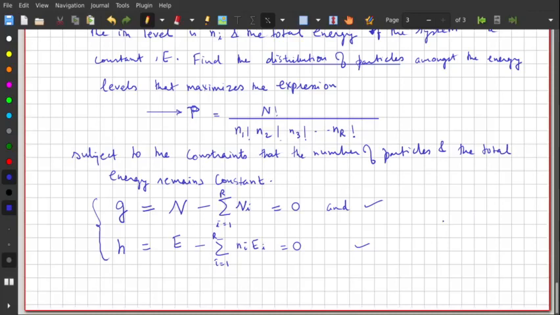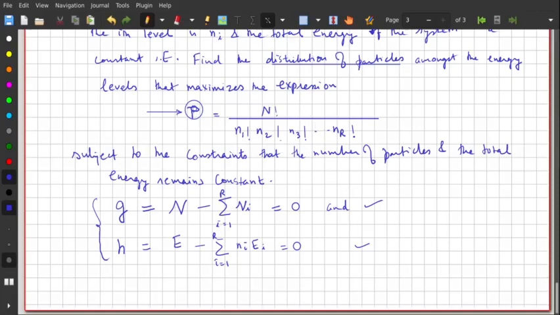Okay, so let's observe one thing. If you want to maximize P, what we want to do is basically minimize the denominator. And minimizing the denominator is the same as minimizing the logarithm of the denominator. And why do we want to take the logarithm? Because we saw in the previous segment that we want to use Stirling's approximation because we want to use calculus, correct? That means we want to convert these discrete objects into a continuous function.